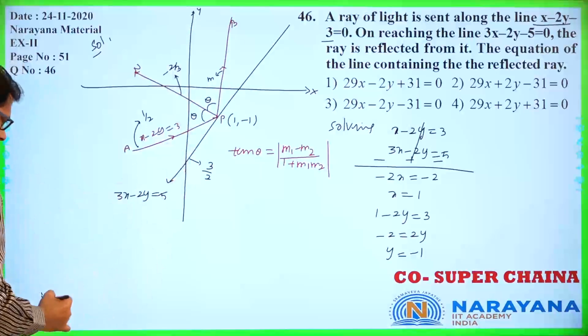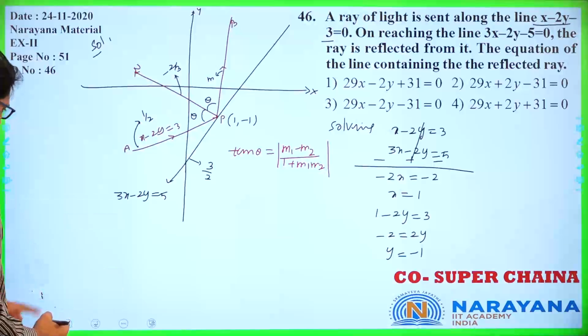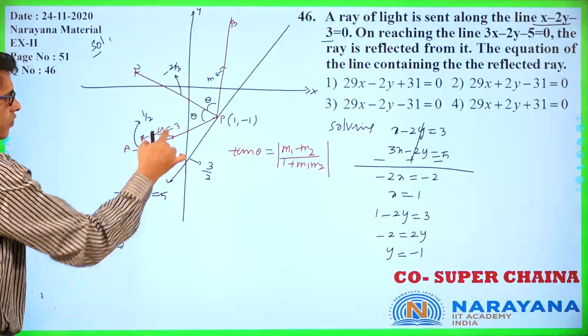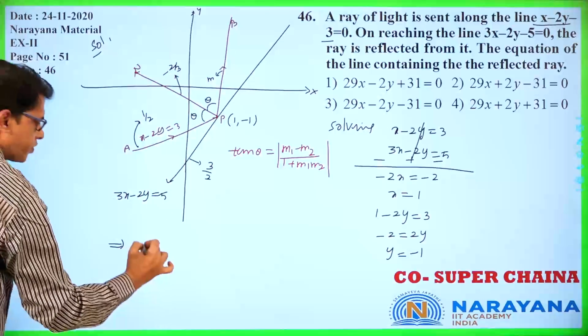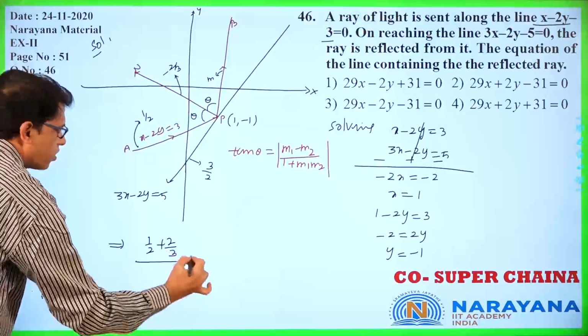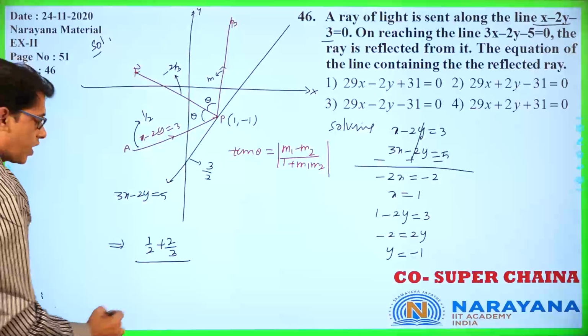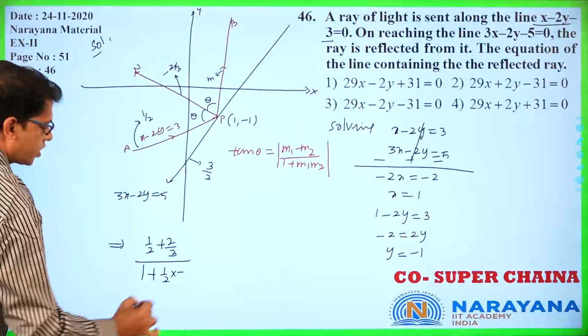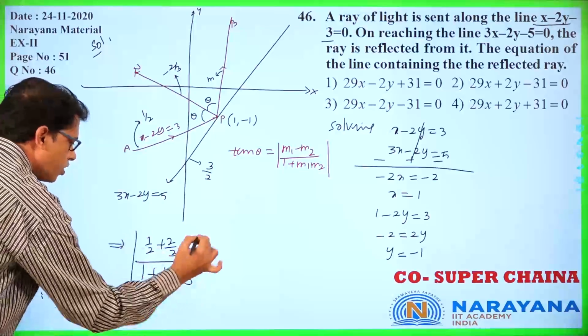So first applying this one, the angle is the same. What is the value of tan theta? m1 minus m2: 1 by 2 minus (minus 2 by 3), upon 1 plus m1 m2: 1 plus 1 by 2 into minus 2 by 3, mod.